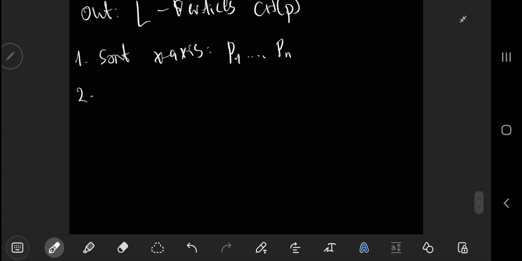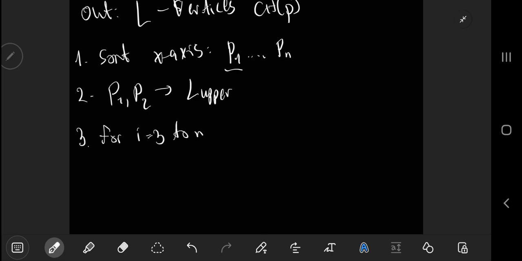Now we are putting the first 2 points, P1 and P2, inside the L upper, because we will start with L upper. Those will be the starting points, while again P1 is the first one. And now we are going to run a loop for I equals 3 to n.